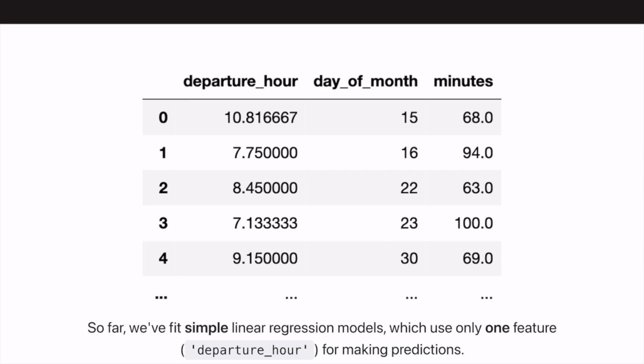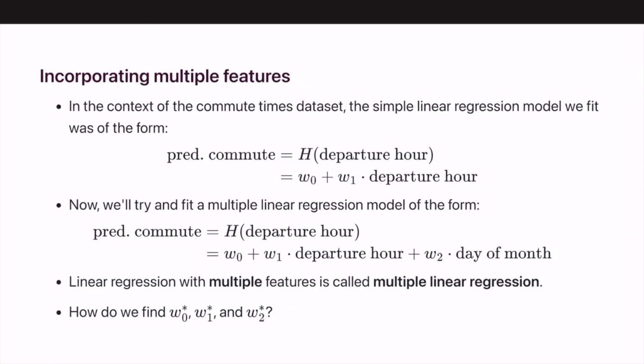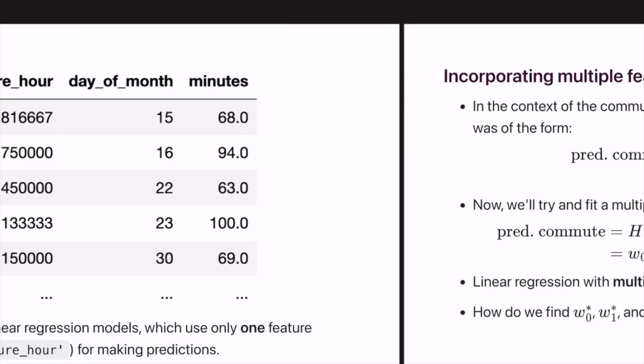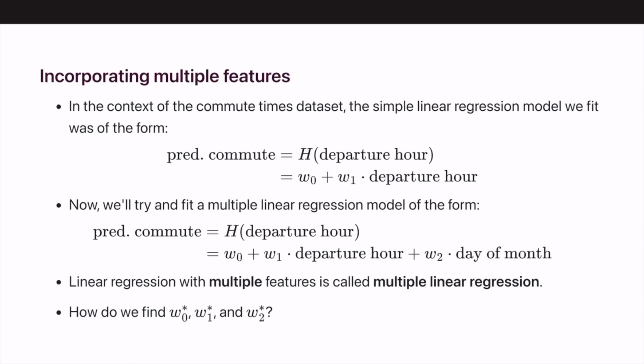So how do we actually do this? Well, if you remember, we have our design matrix that we created, which has our column of ones for W naught, and it has our x's. Now we're adding a new x, in this case, day of the month. So this is what we had before, and now we're just adding this.